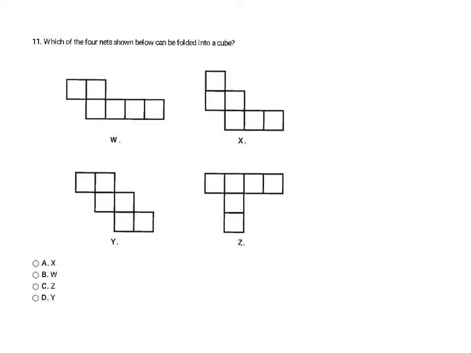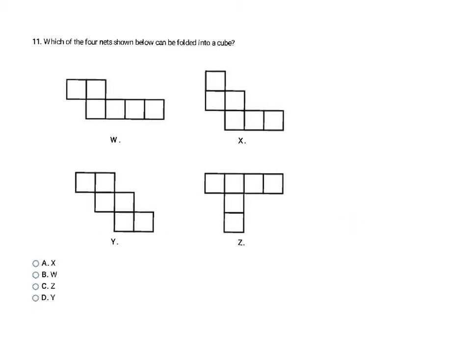This question here is asking which of the 4 nets can be folded into a cube. And so here it's a little bit harder because we don't have the typical 4 squares with a square on top and a square on bottom. So we have to think about how could these actually fold up.